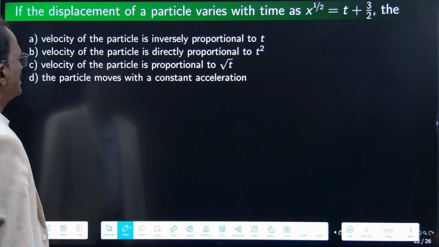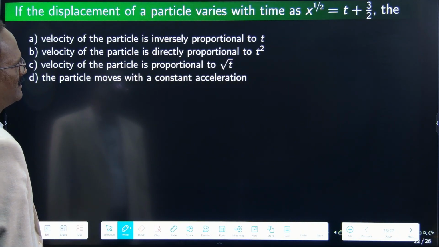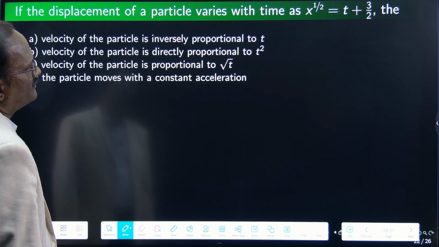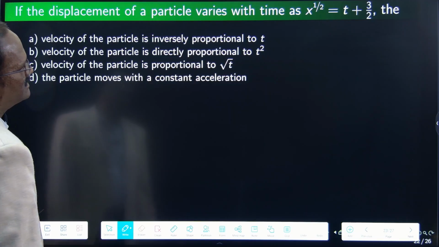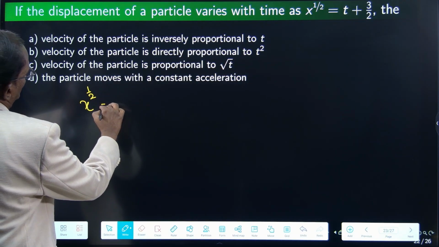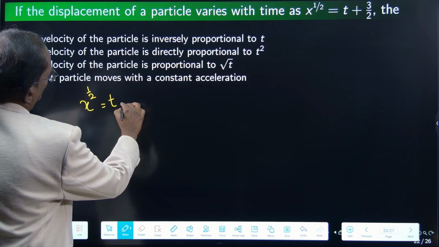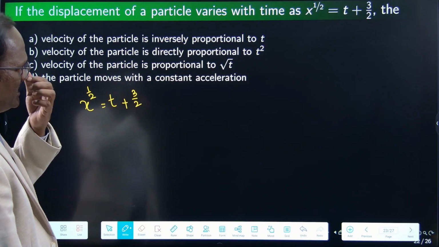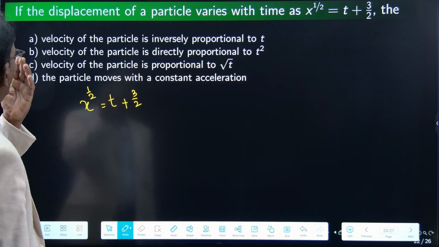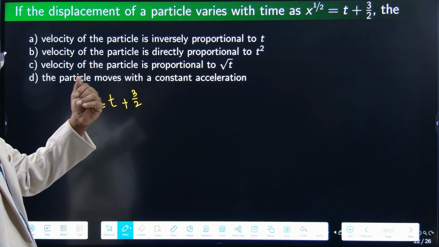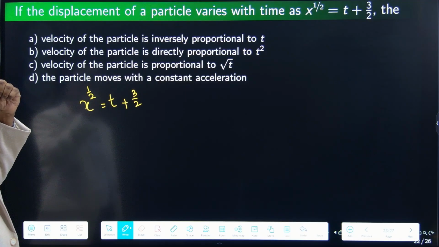Next problem. If the displacement of a particle varies with the time as x power of 1/2 is equal to t plus 3 by 2, we have to find the correct answer.